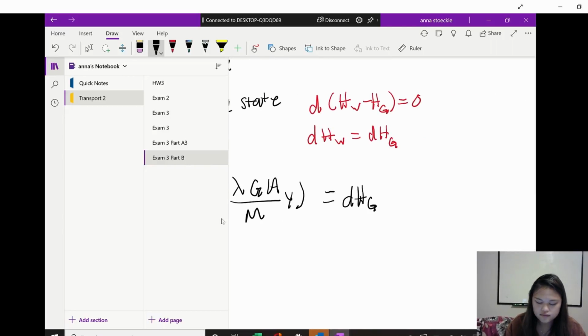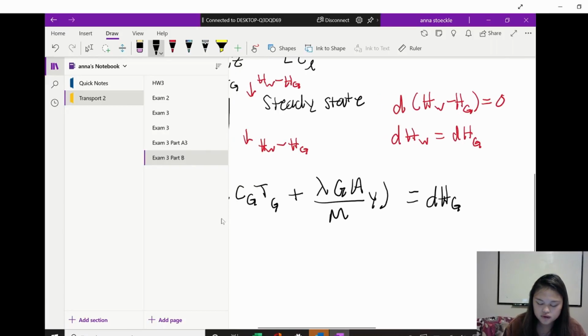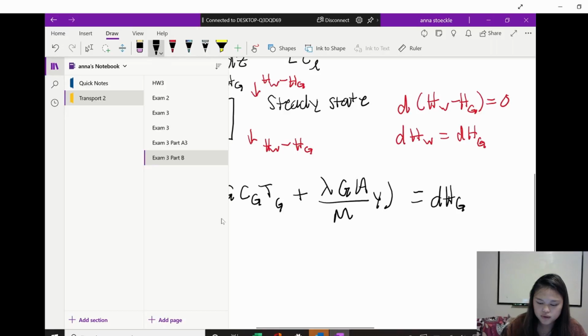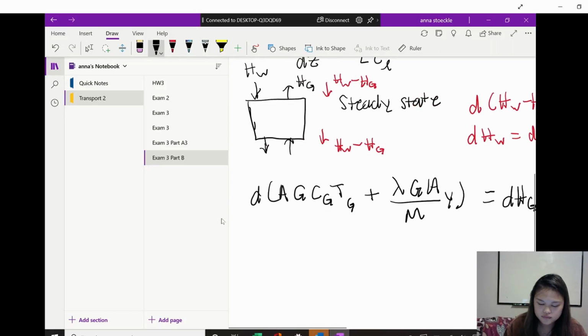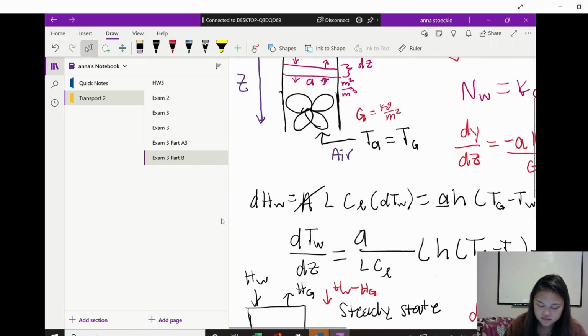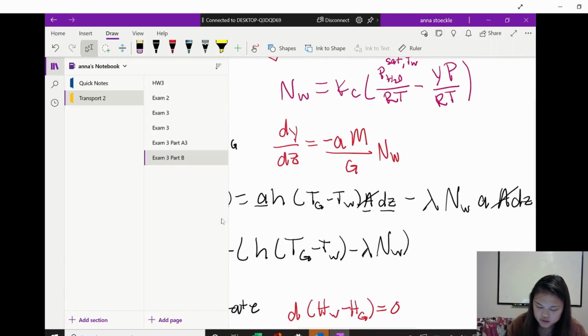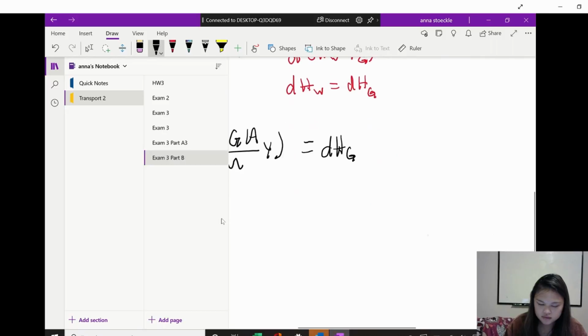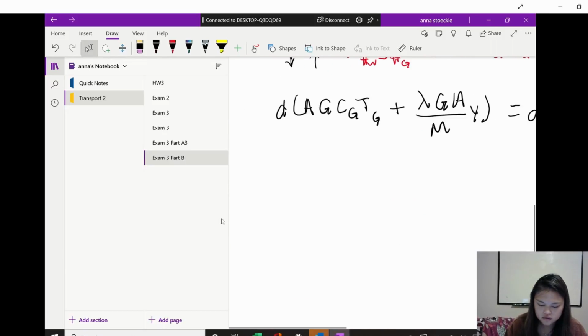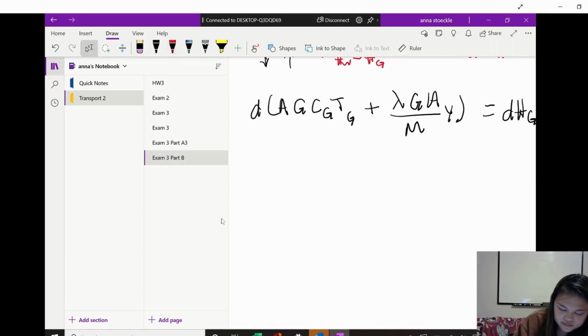Now we want to set it equal to that differential of the change in enthalpy of the water. And we have that up here. So this part. Let me copy that down here. Let's rewrite that.